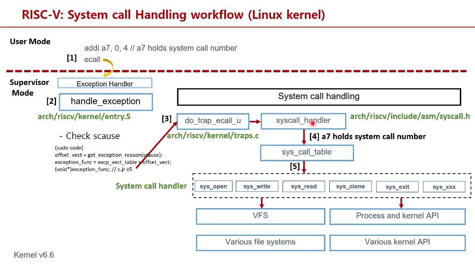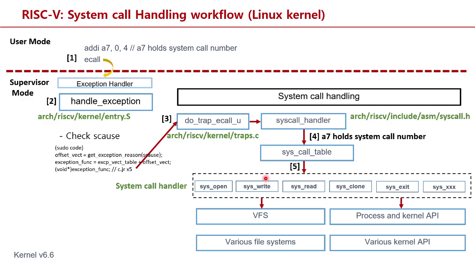Later, you will access the syscall handler, and by using the syscall table, based on the value of the A7 register, which holds the system call number, the corresponding system call handler will be called.